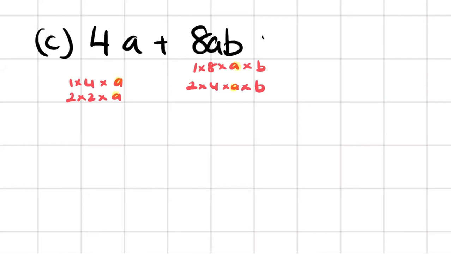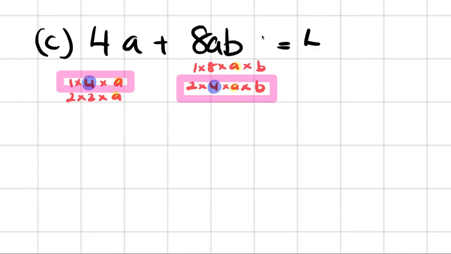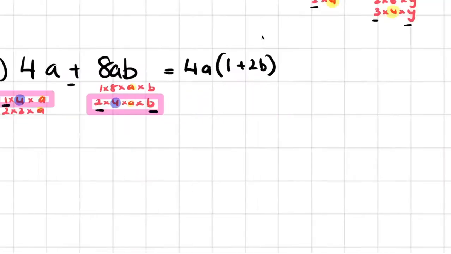Definitely it's a common factor that we can take out. But we need to look for the highest common factor of the number, which is 4 and 4. So we'll just use this combination as well as this combination. Just use these two combinations and just take out the common factors first for a and write the rest inside. 4a, 2b plus 2. That's it.